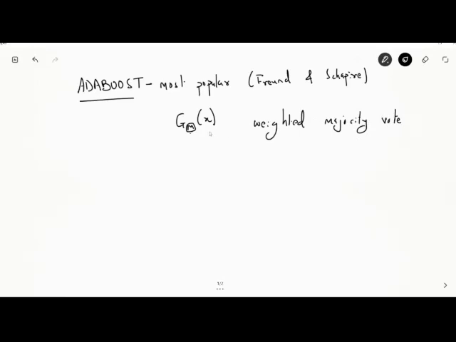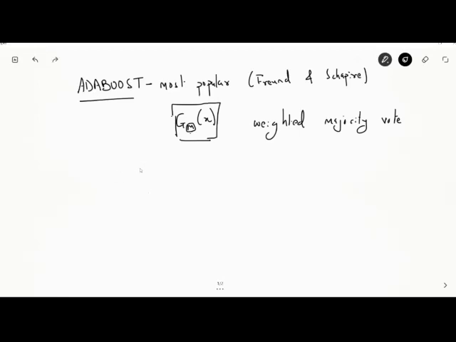We will combine these weak classifiers with weights associated with them, so that those classifiers which are doing well will have their votes increased and have more influence on the output, and those which are underperforming will have their votes decreased.